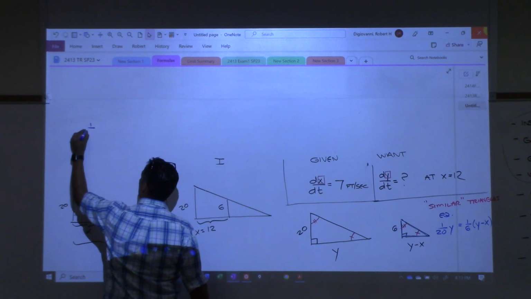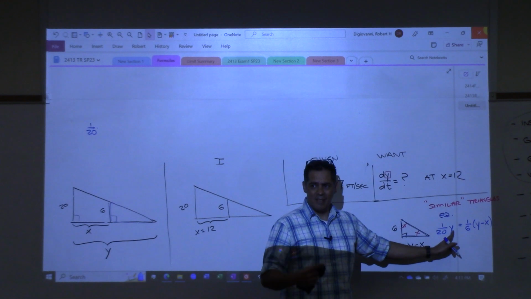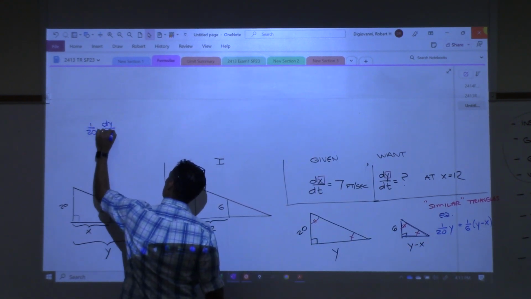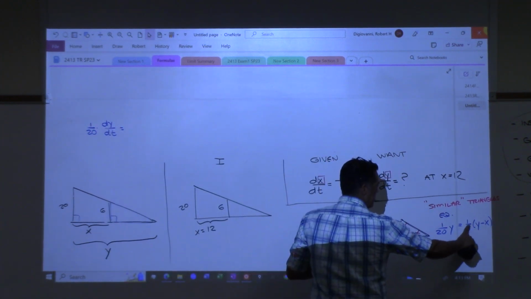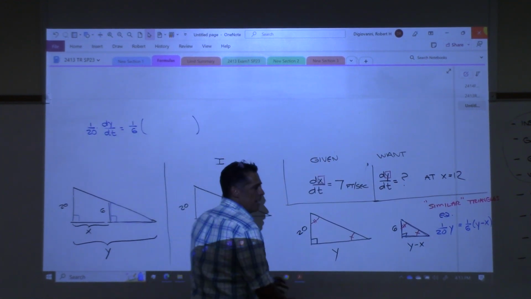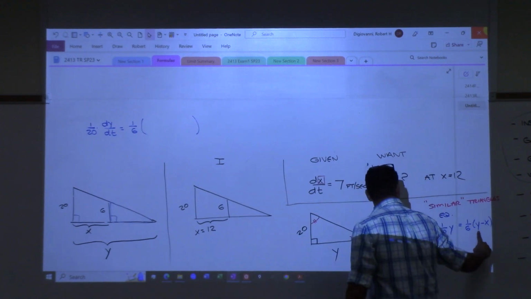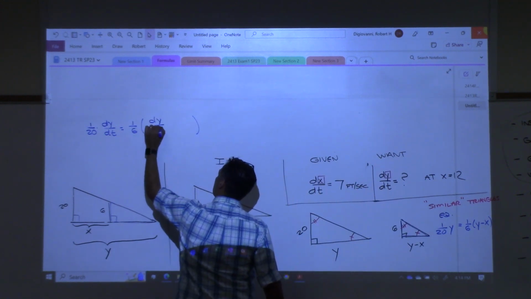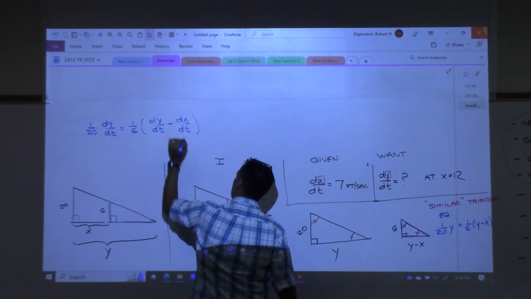So I've got 1 over 20 times, now what's the derivative of y with respect to t? dy dt equals, okay, on the other side, 1/6 comes for the ride. And then I'm going to do the derivative of two things, right? The y and the minus x separately. So what's the derivative of y with respect to t? dy dt. And then minus the derivative of x with respect to t, dx dt.